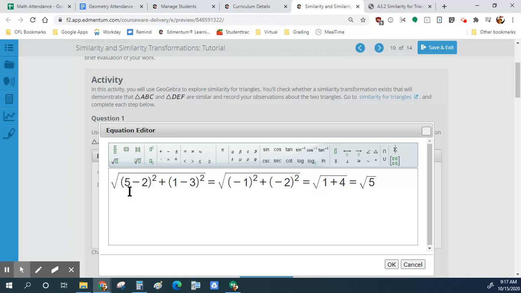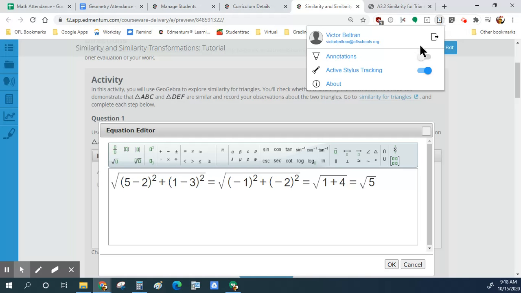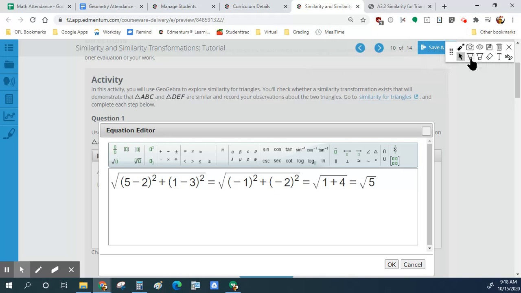It doesn't matter as long as if I'm using the first spot for my D, I have to use the first spot for my D over here for the Y. So this right here, let me turn this on. Think of it as X of D, X sub D. You can either put the X sub D here or the X sub D here, just as long as the other one ends up being the X sub E.